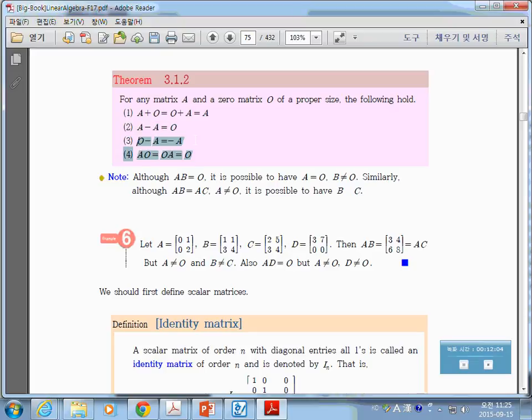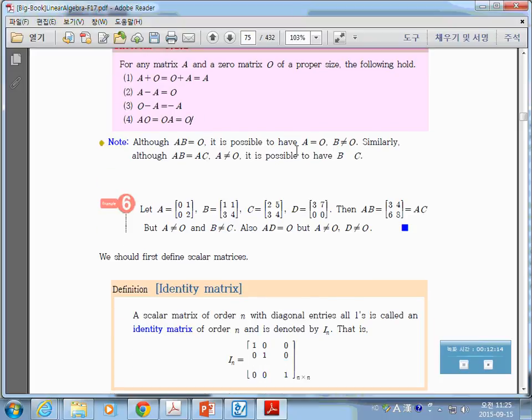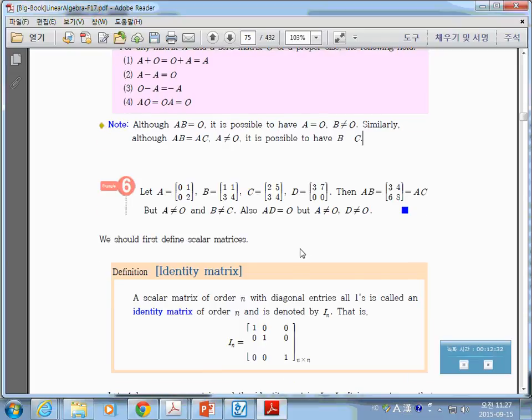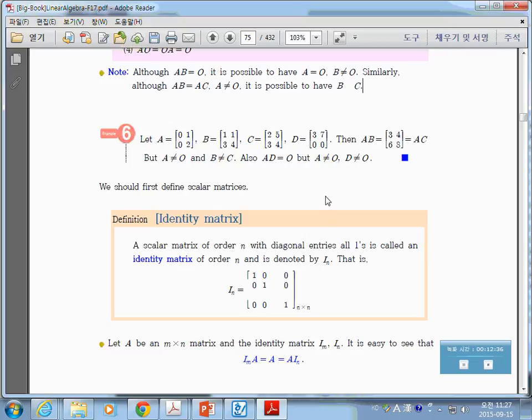And the product of the zero matrix with any arbitrary matrix A is also a zero matrix. This is also another interesting fact. Even though AB is equal to AC and A is not zero, still B and C can be different. Yeah, so this shows a generalization of the real numbers in a high-dimensional vector space.